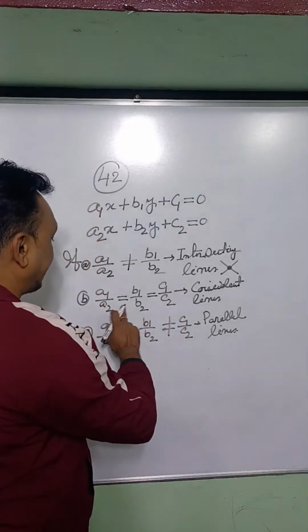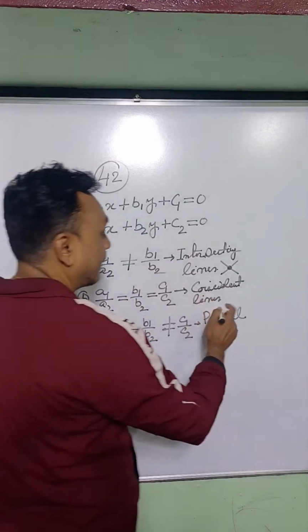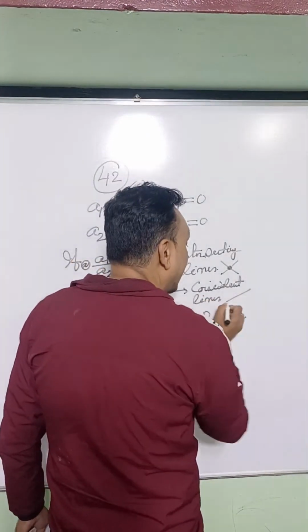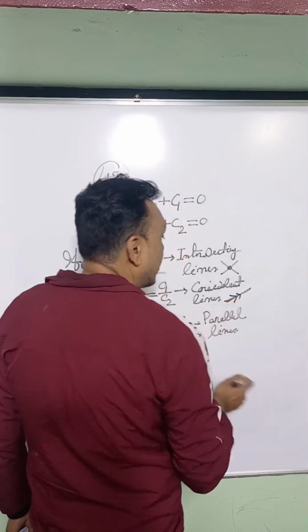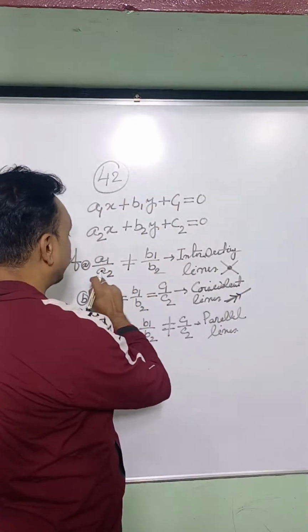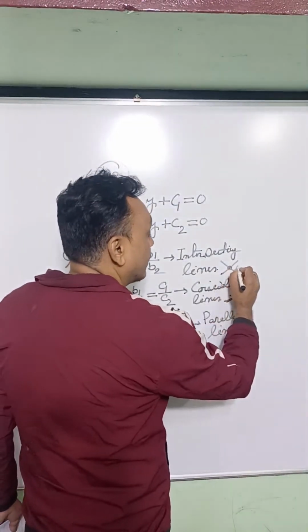So the second case, if a1 by a2 is equal to b1 by b2 is equal to c1 by c2, then the lines are coincident, meaning one line lies above the other. In case 1, they are intersecting at a point, so they have a unique solution.